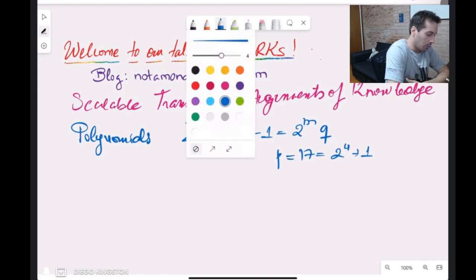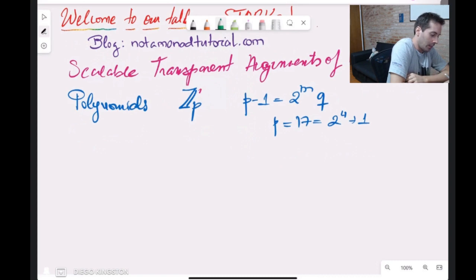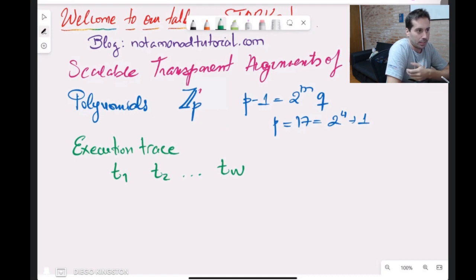So suppose that we want to perform a calculation. We start with what we call the execution trace. And so suppose we have some registers, T1, T2, ..., TW. We can think of them as the variables we have in the problem.